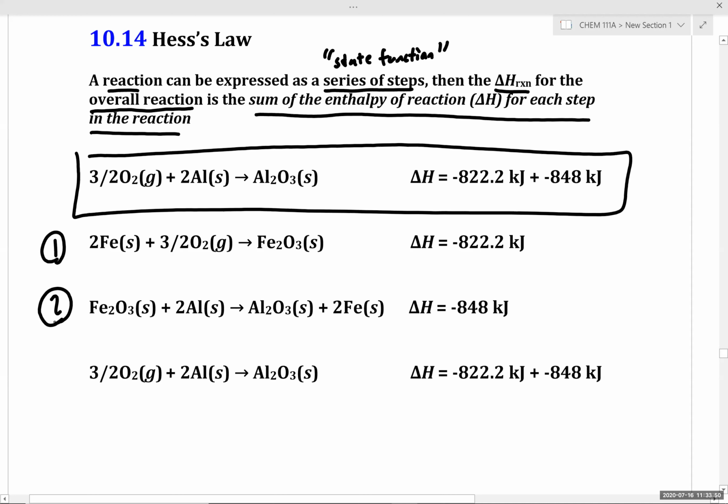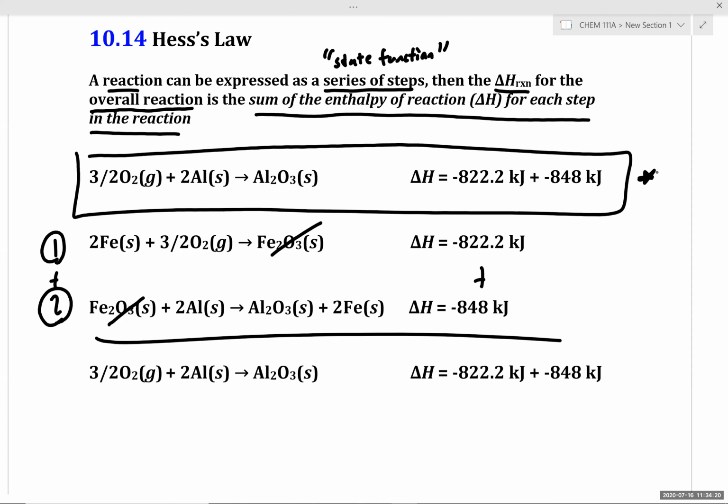At the end of our reaction, if we add both of these discrete steps together and we add their enthalpies together, we in turn can describe any reaction we want in terms of these individual steps. In this case, we're looking at this overall reaction here. We can break it into 2 unique steps, and by adding our reactions and our enthalpies together, we can calculate the enthalpy for this reaction.